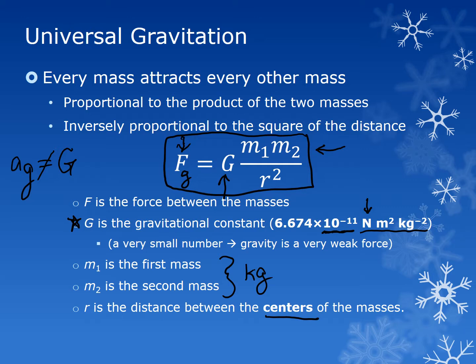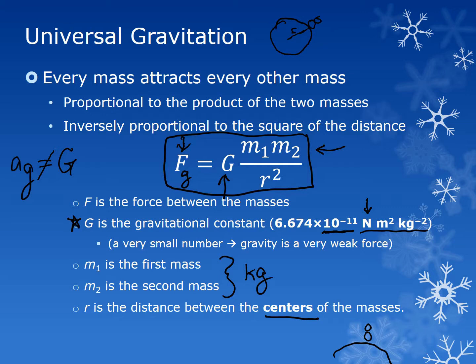Okay. That means we can use this equation to find the force of gravity acting on us on the surface of the Earth. We just have to remember that if we are standing on the surface of the Earth, which is a really big giant, then the distance between our center and the Earth's center is roughly the radius of the Earth.